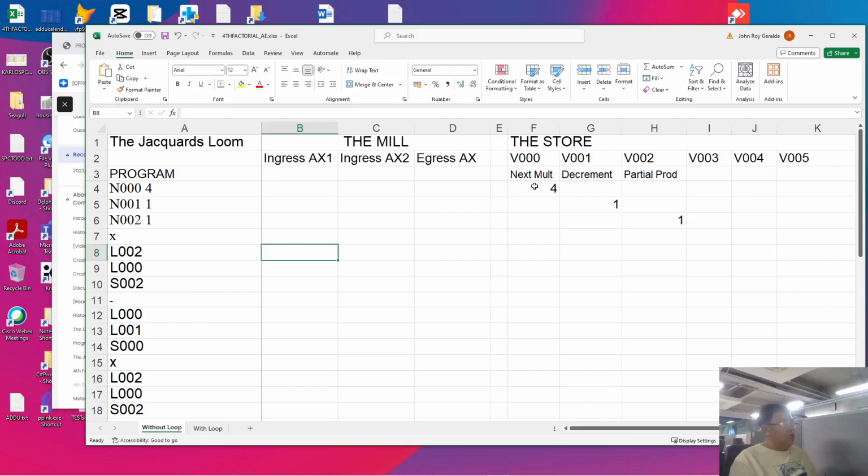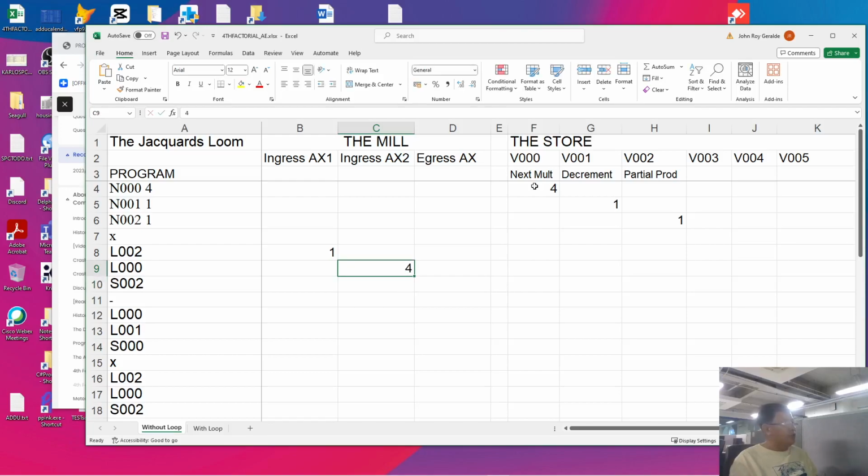L002 means take the value from the variable 002, which is currently 1, and store it to ingress axis 1. And then it is followed by another load, L000. Being the second load, it will load into ingress axis 2. By L000, we mean load variable 000 to ingress axis 2. So obviously this will have a value of 4.